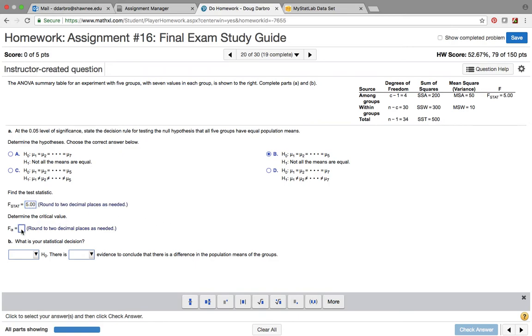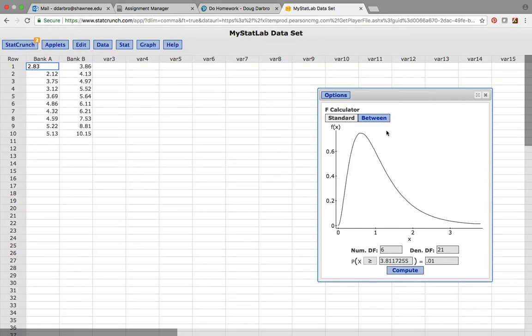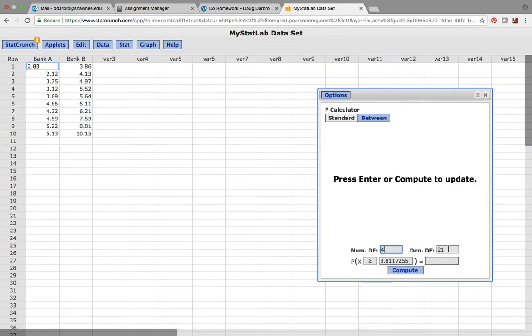Determine the critical value. So again, we have degrees of freedom 4 and 30 in the upper tail with a 0.05 level of significance, which is given right here where I'm circling. The upper tail probability is 0.05.